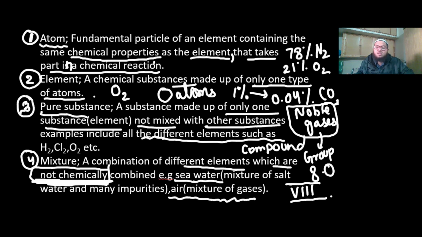The elements of group 8 are inert gases, meaning they are very unreactive gases, and they are also called noble gases. And the most common noble gas present in air is argon, A-R-G-O-N. Argon is present in the greatest concentration in air as compared to other noble gases.